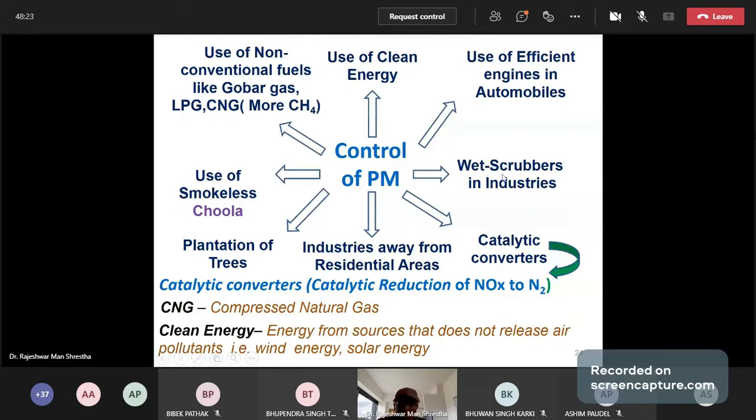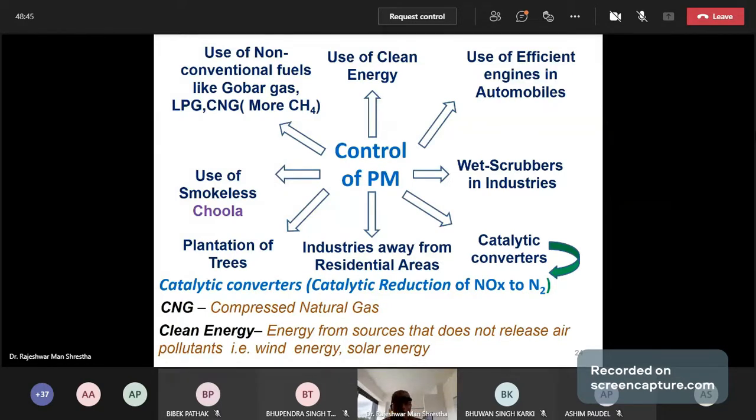That machine should be fitted in every industry, and the main purpose of that instrument is to moisten particulate matter. When particulate matter becomes moist, it becomes heavier and will come down to the bottom of the instrument or machine. Then polluted particulate matter can be removed easily.